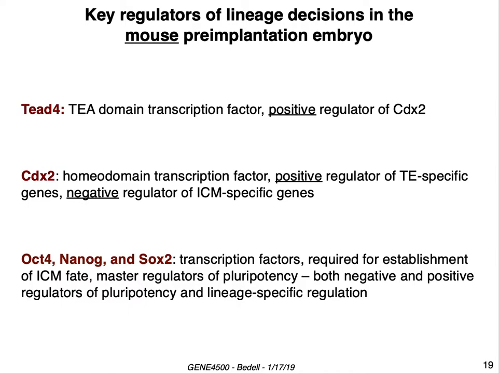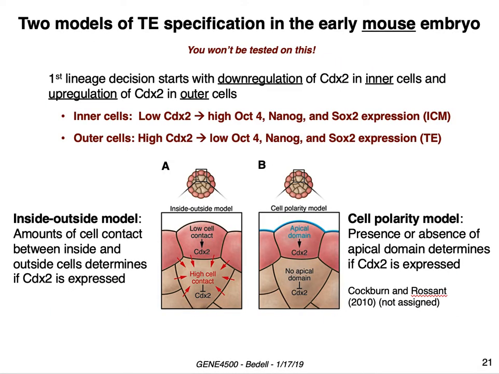But this is where the polarization of these cells comes into play: the high cell contact at the basolateral domains versus exposure to the outside and low cell contact at the apical domains of the outer cells. This is just giving you a diagram.